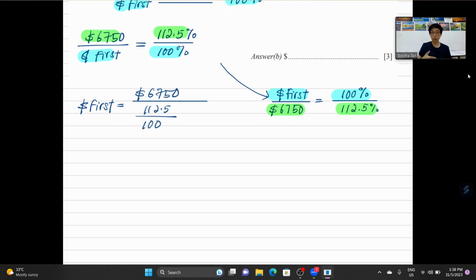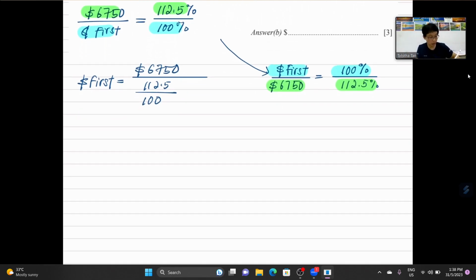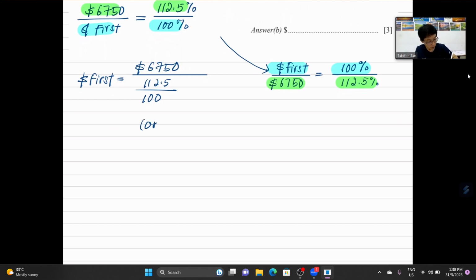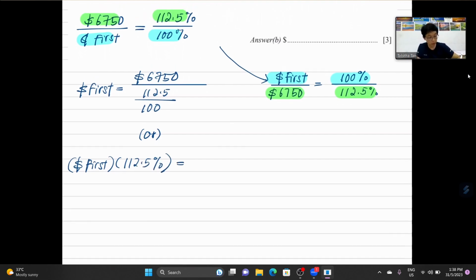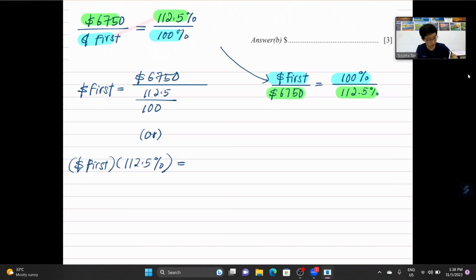You can do it this way, or some students like the cross multiplication. Then you just do the first multiply with the 112.5%. Okay, how to cross multiply, see that you get this.